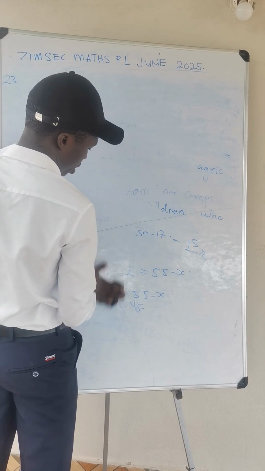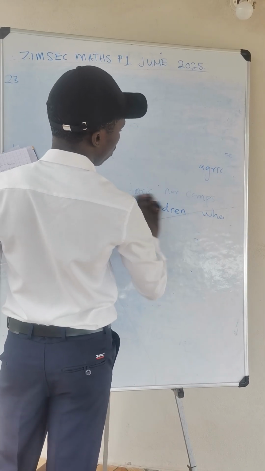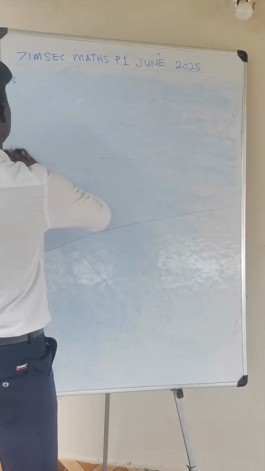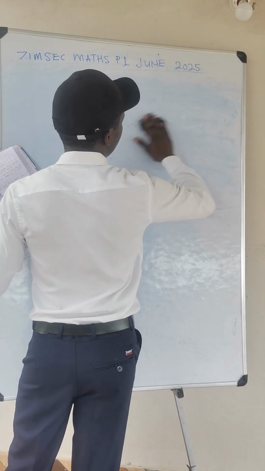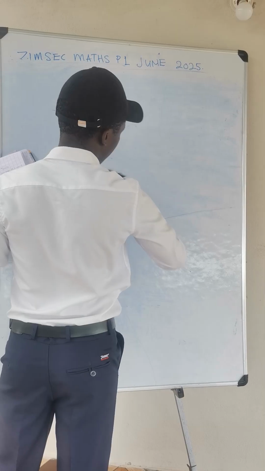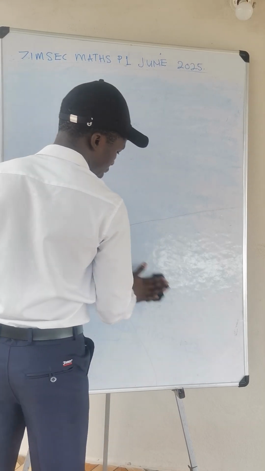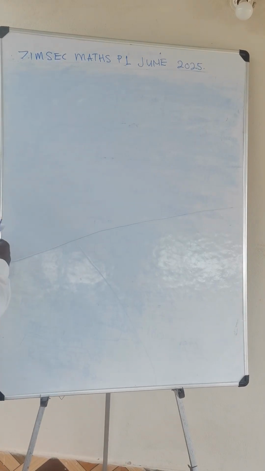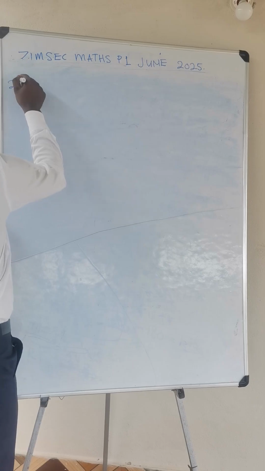You have to know the equations of motion, to know where the object is resting, where the object is increasing the speed, the terms of deceleration and acceleration. All those things help you to understand and analyze your problems clearly. Okay, so let's write number 24.